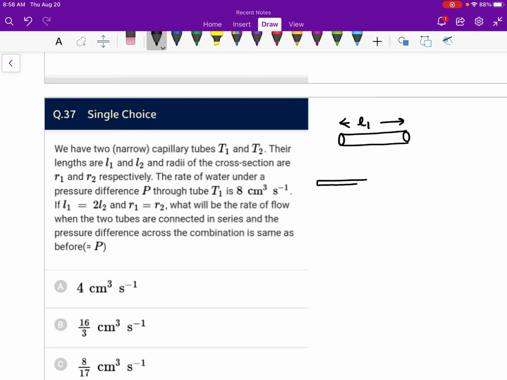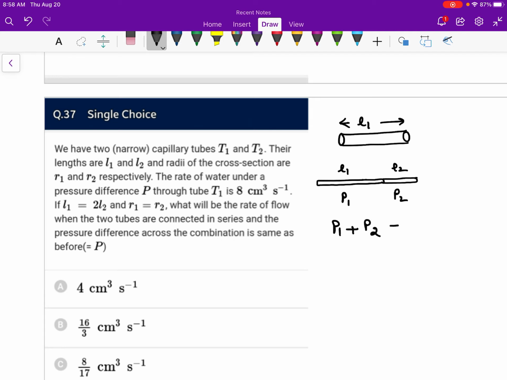So we have one capillary of length L1 and a second capillary of length L2, and the overall pressure difference is P across them. Say across the first capillary, pressure difference is P1, and across the second capillary, pressure difference is P2.